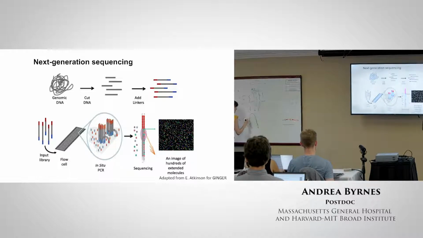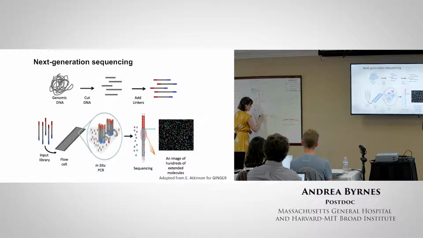And these guys are sequenced this way and this way. And this leads to a paired end read. So you end up having a blue address and a red address, as shown in this picture. And you have a bit of sequence from one side, and you have a bit of sequence from the other side.